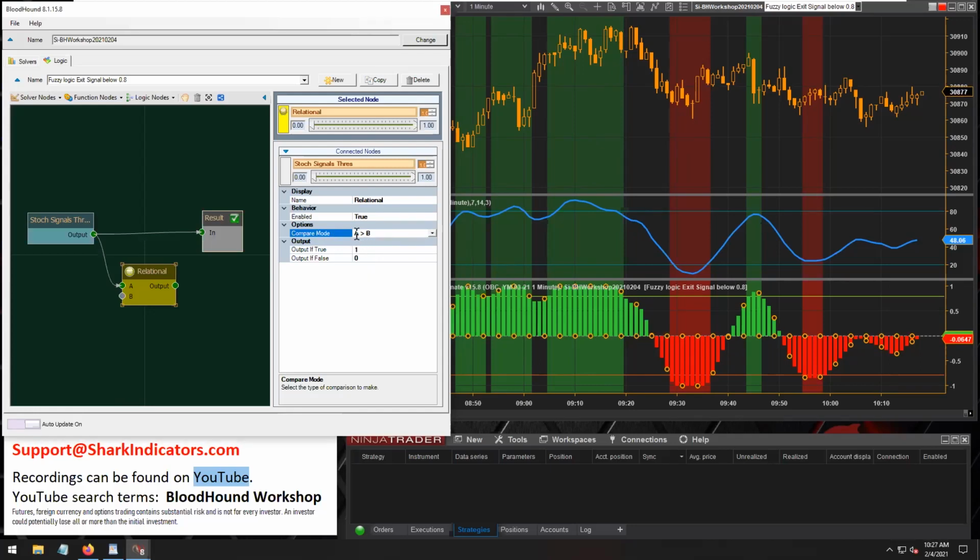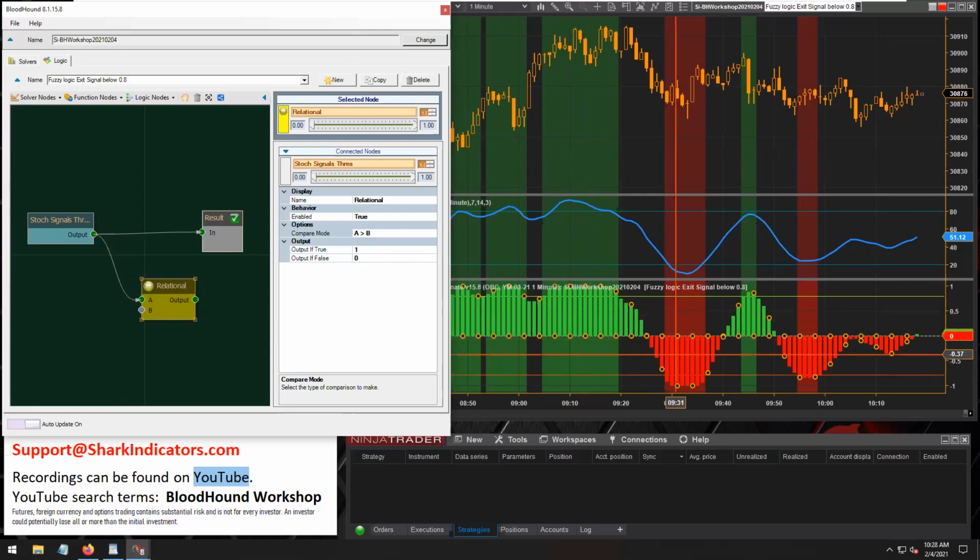So when it says A greater than B, it's going to compare the long side of A to the long output of B. Remember, this has two inputs, A and B. So it's going to compare the long output for the input of A to the long output for the input of B. What some people are thinking is that this relational solver is going to compare the long side to the short side.